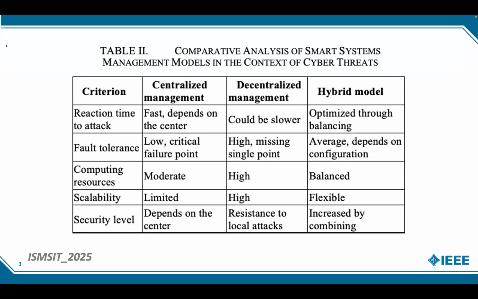Scientific approach generally focused on two fundamental paradigms: centralized and decentralized management. Each model has its own advantages and limitations, which become particularly significant when considering scenarios involving attacks on information flows or failures in network protocols.